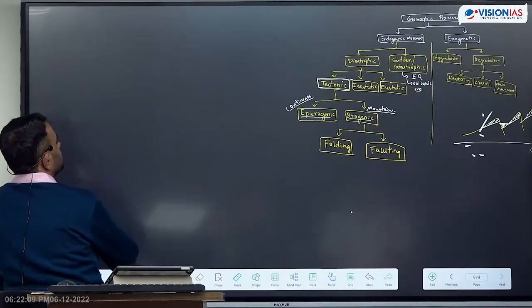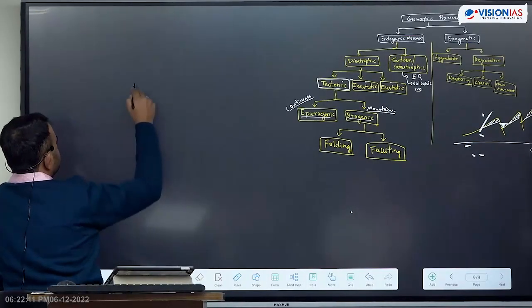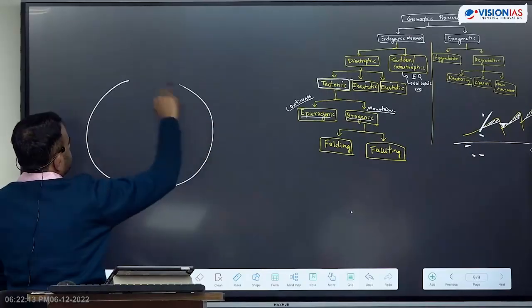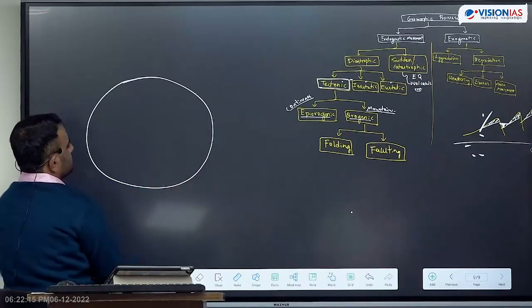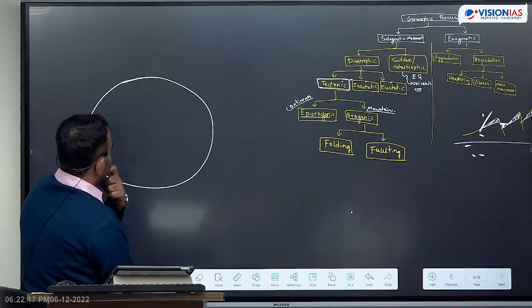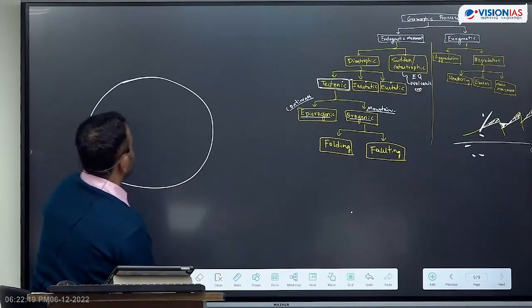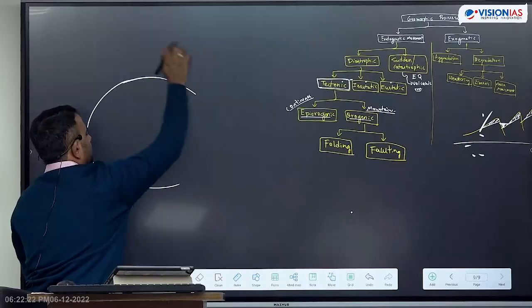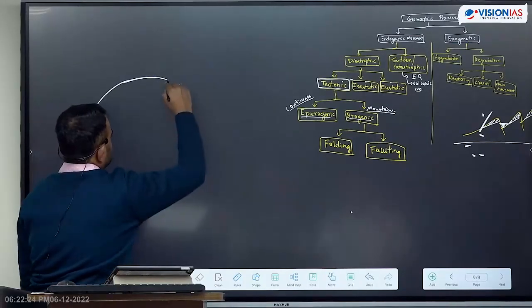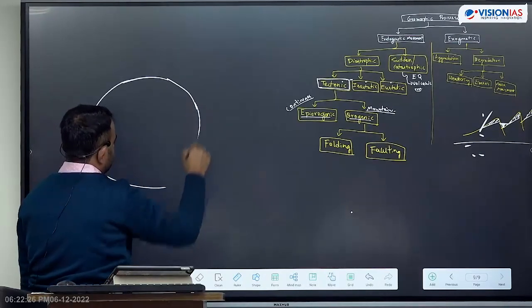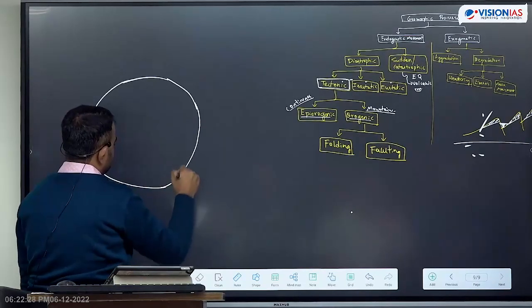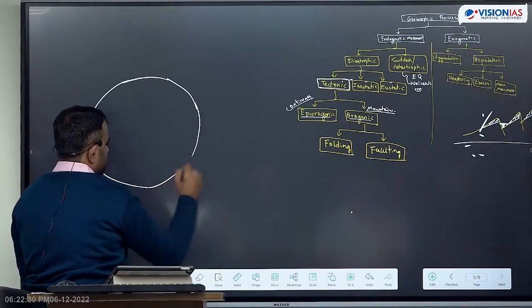ठीक है. So let's talk about these types of tectonic movements. So let's say the Earth's interior is continuously under the impact of the various forces from inside.